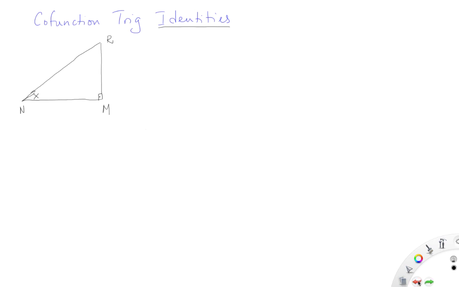So the first question was, find the value of R in terms of X.